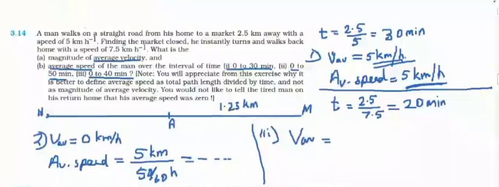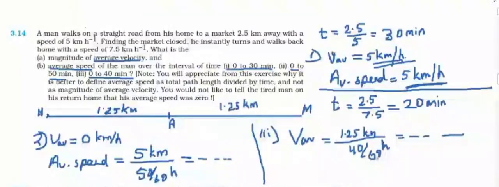He travels from home, reaches the market, returns back to A. That means now his displacement is HA, which is 1.25 kilometer. So 1.25 kilometer divided by 40 by 60 hour. Simplify, you will get the answer.